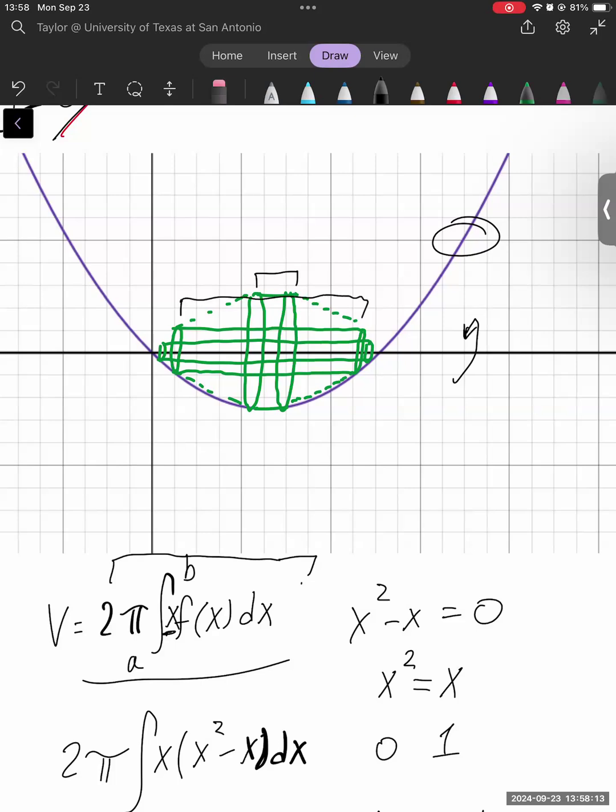And then our radius is actually, I'll draw it the other way so you can see. Our radius is our f of x, because we hit the f of x line. And then we get the height here. And then the dx term is actually the thickness of the shell. So the distance between the two shells is our dx. Kind of makes sense?